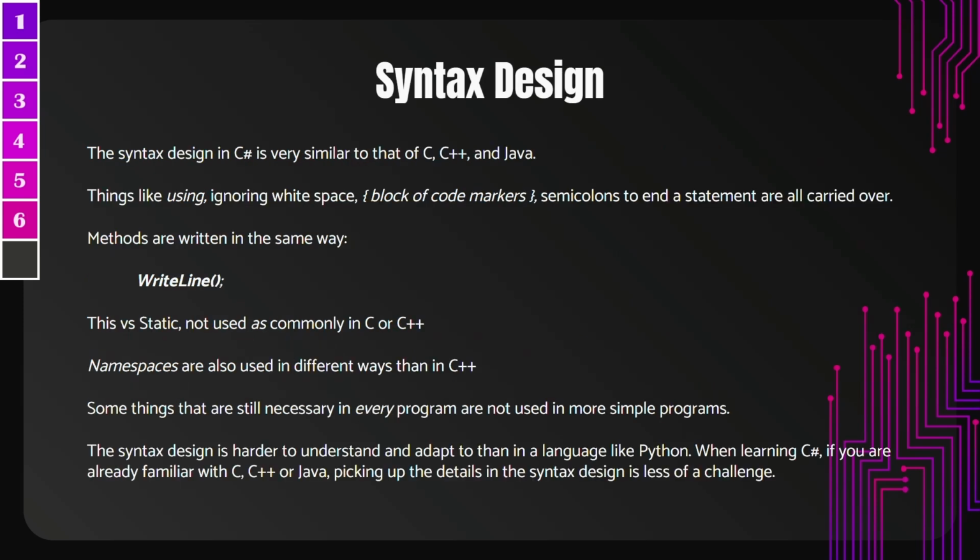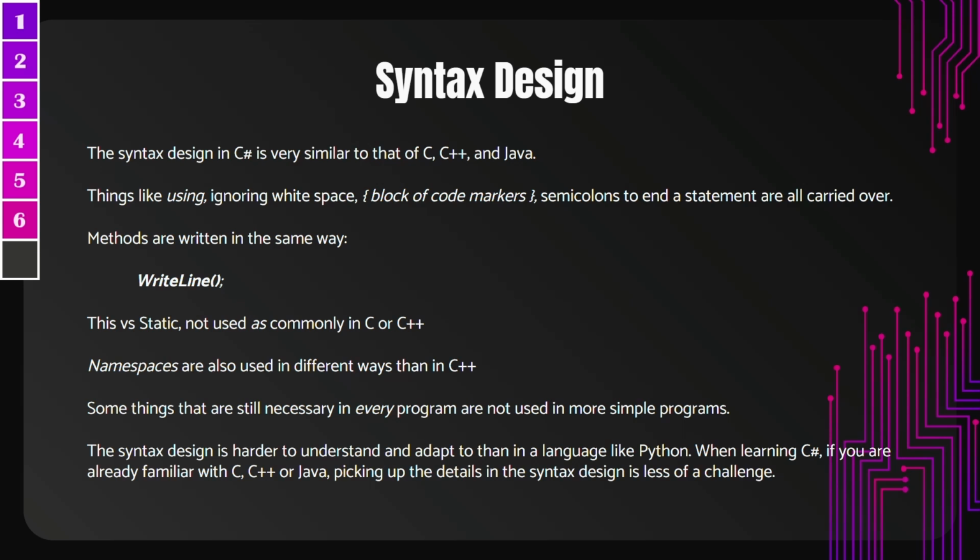As for the syntax design in C#, it's very similar to C and C++, and of course Java. Things like the using keyword, ignoring white space, the curly brackets and semicolons are all carried over. However, to write in C#, you're going to use the method WriteLine to write to the console, which is different. This versus static, they are used in C++, but a lot more commonly in C#.